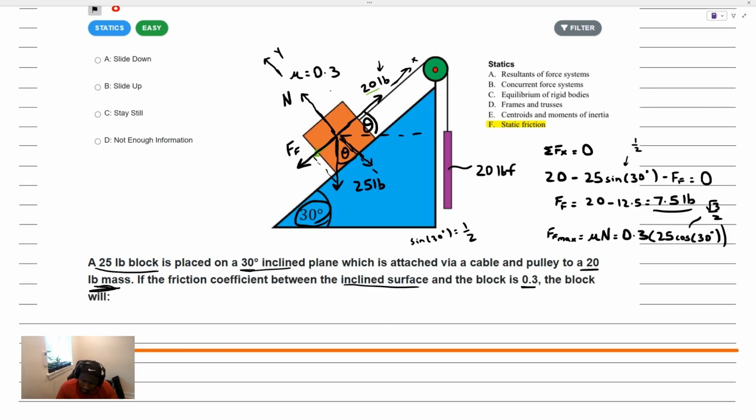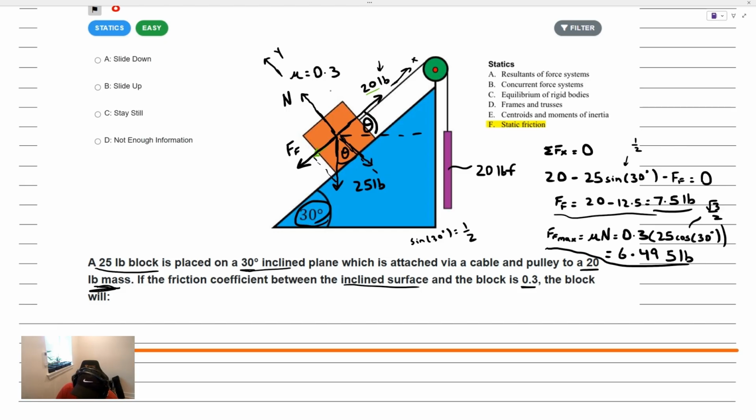So 25 root 3 over 2 times 0.3. The maximum possible friction that we can have in this configuration is 6.49495 pounds.